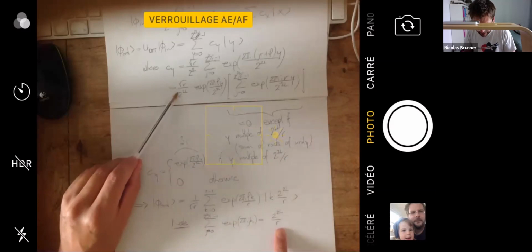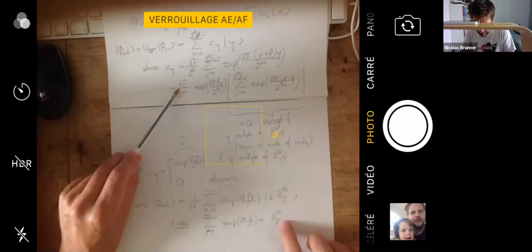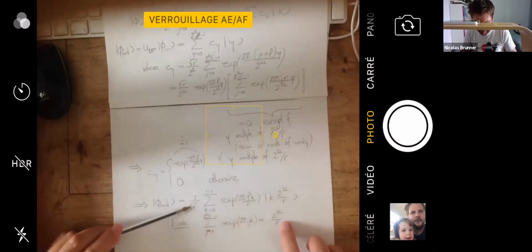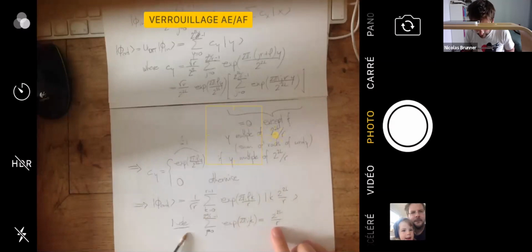If I multiply this with this here, I find 1 over r, which is indeed the correct normalization. Okay, so this is why I have this note. Sorry, I got a bit confused with this.